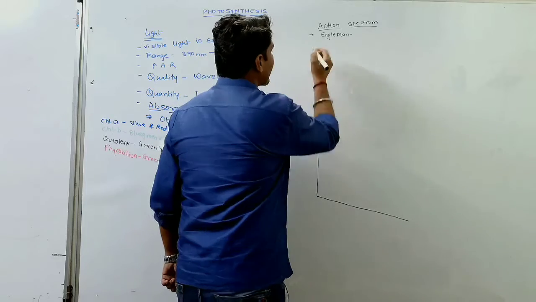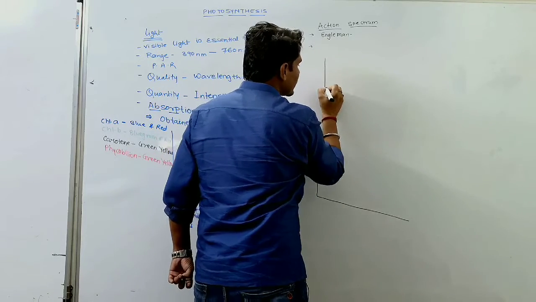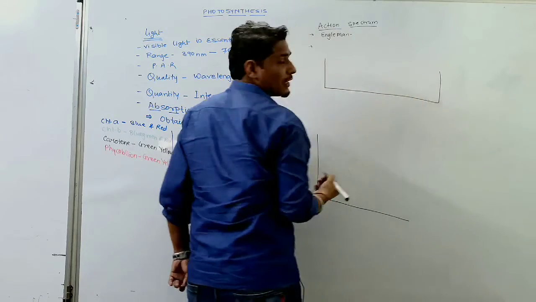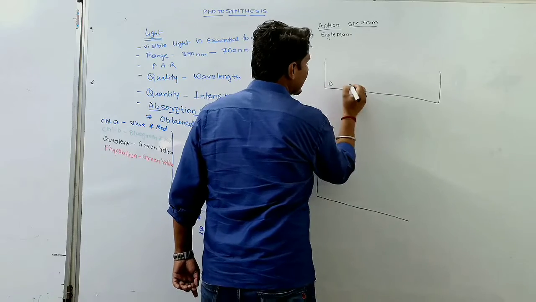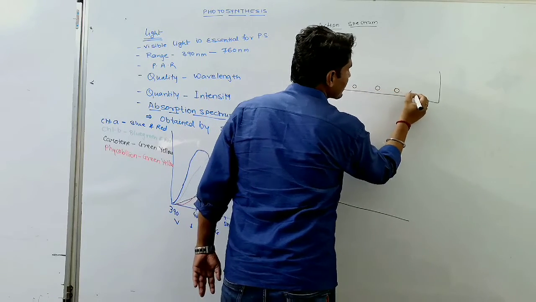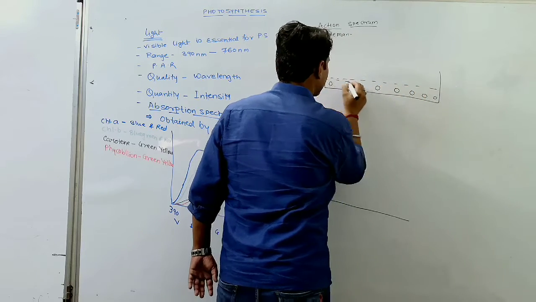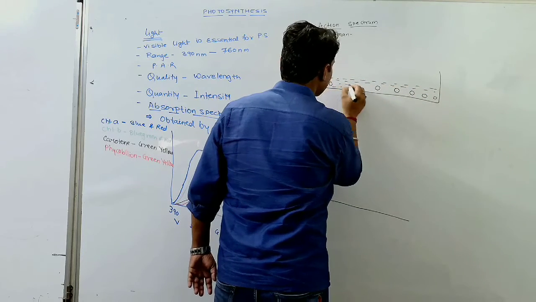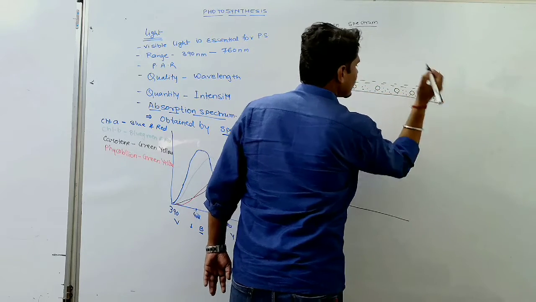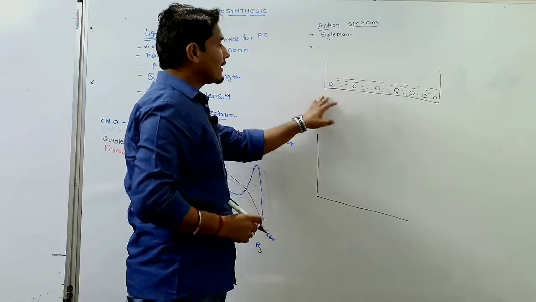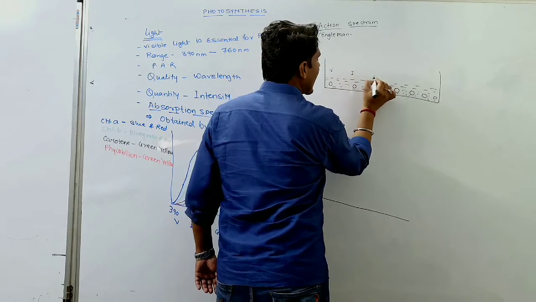Before plotting the graph, we discuss the experiment of Engelmann. He exposed algae to a spectrum of light. So we take algae in water, and these algae are exposed to the spectrum of light.